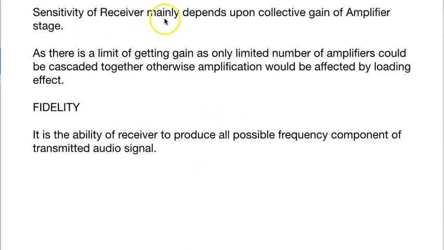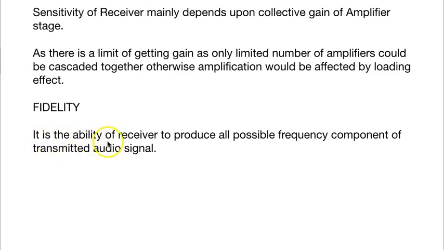The sensitivity of the receiver mainly depends upon the collective gain of the amplifier, as there is a limit to getting gain, since only a limited number of amplifiers could be cascaded together, otherwise amplification would be affected by the loading effect.